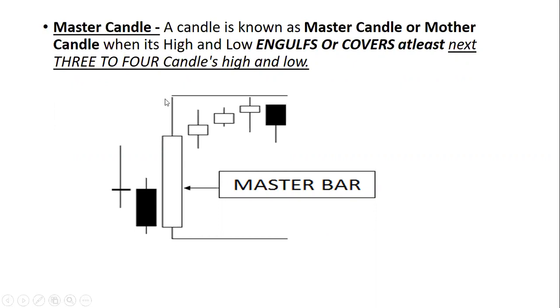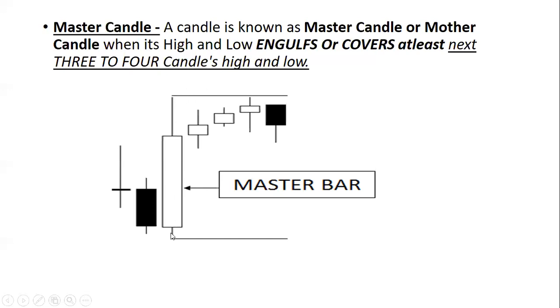Now let's assume 100 is the high, 90 is the low. So 100 minus 90, the range is 10 points. If price breaks 100 on the upside, your target will be 110. Master candle high plus master candle range is your target. Master candle high 100, range we got 10 points, so 100 plus 10 points, 110 is your target on the upside.